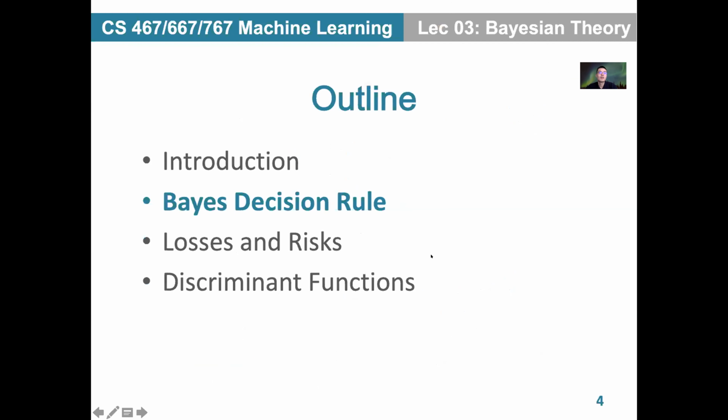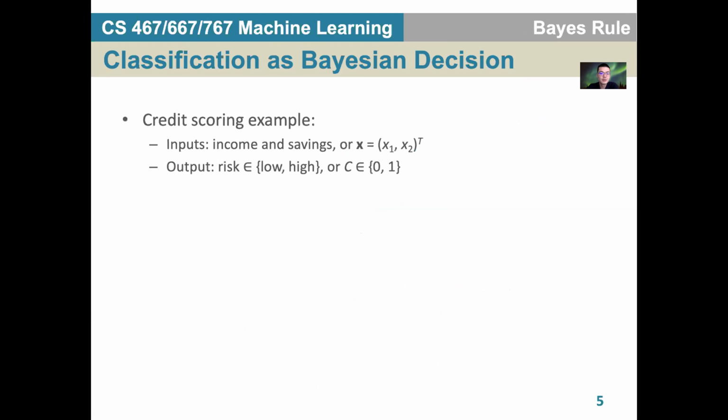Okay, then let's look at the Bayesian decision rule. Let's go back to the credit scoring example. I think this may be a new example. Previously it was engine power and family car, but it's the same thing.